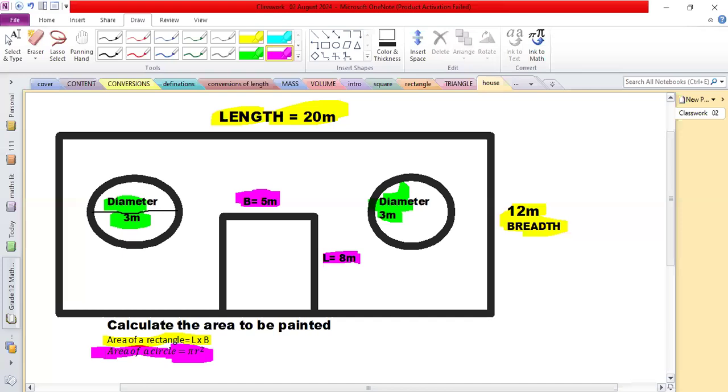For those who are joining us now, you must know that we are writing an activity. There's an activity there about a front wall. I believe you can see the front wall. We are calculating the area to be painted. Let me share this with the group so that they can see.